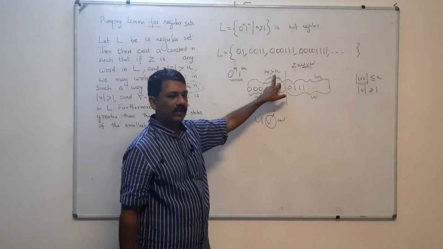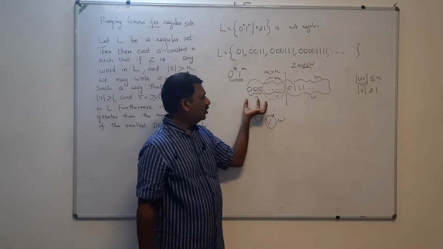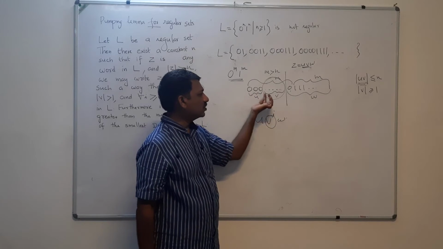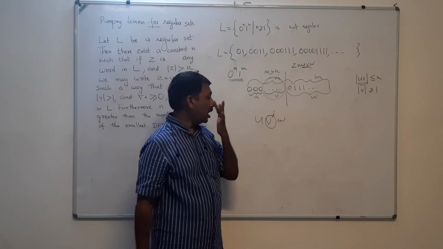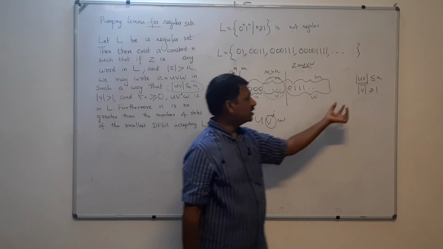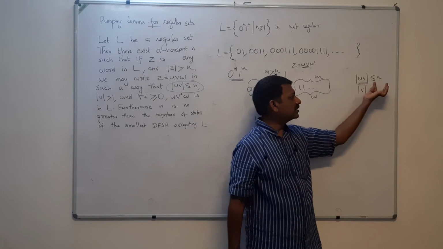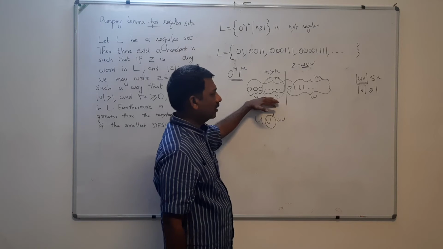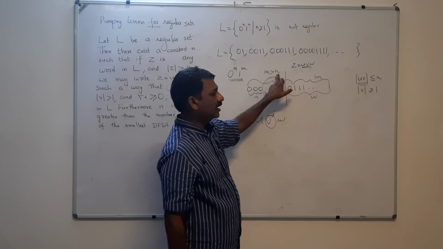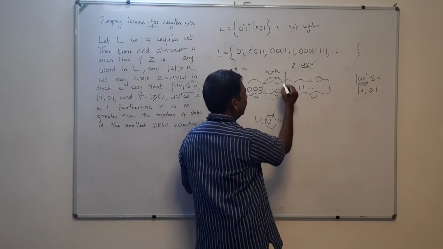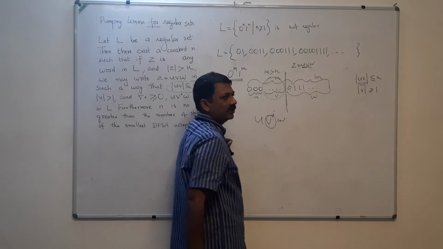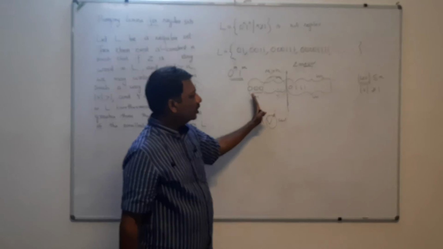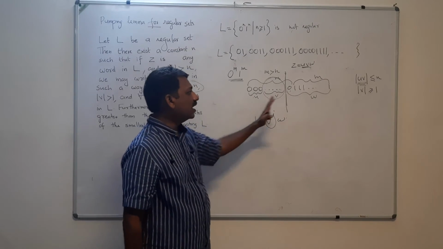Now, you have split this into zeros and ones, and as per our assumption, modulus of uv should be less than or equal to n. But m is greater than n. So modulus of uv is coming up to this point, and it cannot reach beyond it.